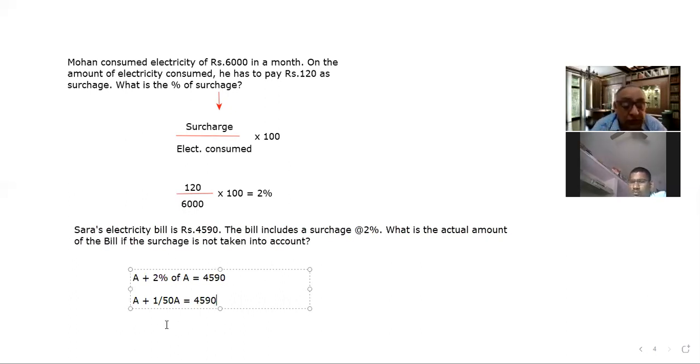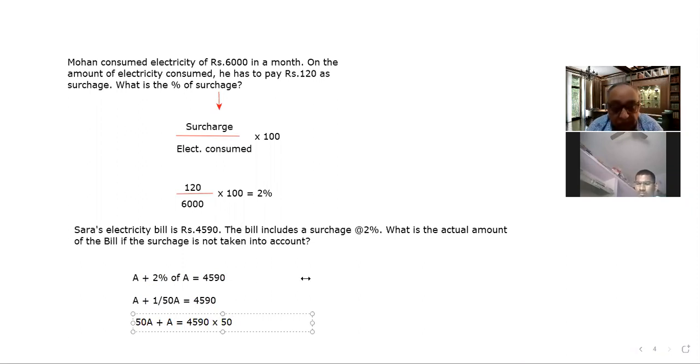So with this, we have reached the conclusion that 50A plus A is equal to 4590 into 50. I have done nothing, I have just simplified this whole thing.